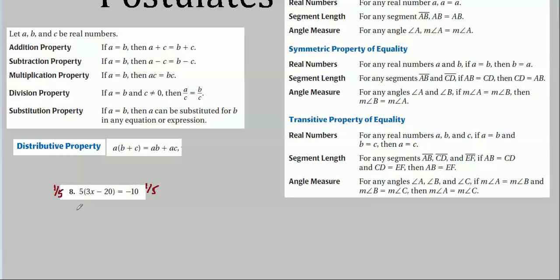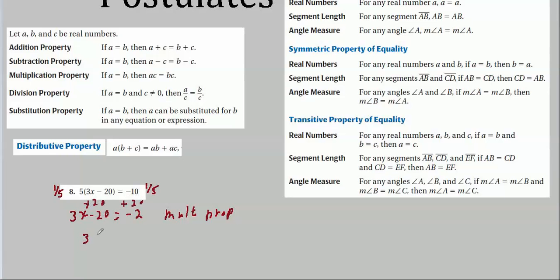If we do that, that'll be 3x minus 20 equals minus 2. And that is the multiplication property, which allowed us to go from there to there. Now, I would say we add 20 to each side. Plus 20 up there, and plus 20 up here.